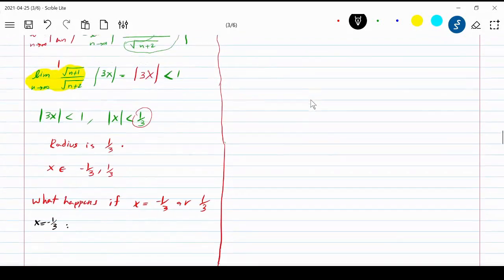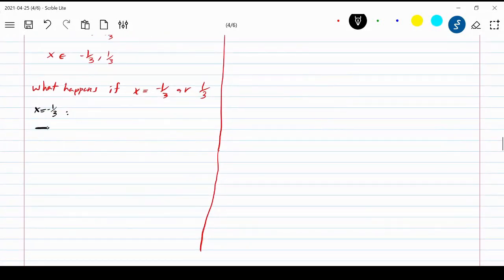So what we get is the series becomes summation n from 0 to infinity, negative 3 to the power n, and instead of x I replace negative 1/3 to the power n, divided by square root of n plus 1. And if we simplify, you can see that these two will cancel out. They're both opposite of each other. So what you end up with is this series, n from 0 to infinity of 1 over square root of n plus 1. And what is that?